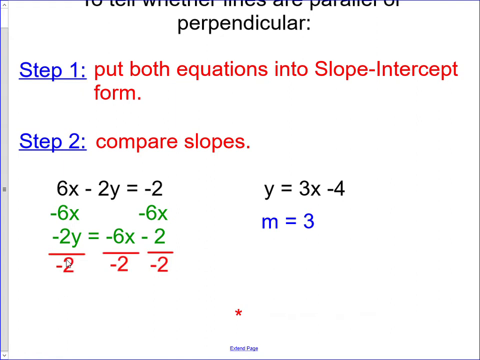Everything in there gets divided by -2. That isolates y and leaves us with the equation y is equal to 3x plus 1. This one has a slope of 3, as this one has a slope of 3, which means they are parallel lines.